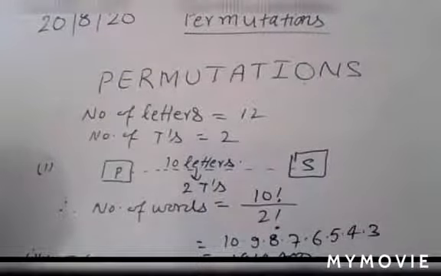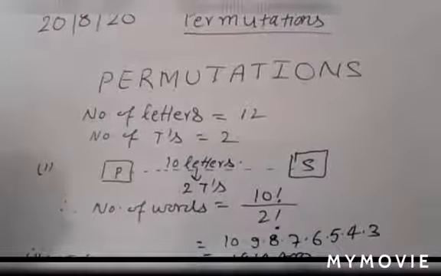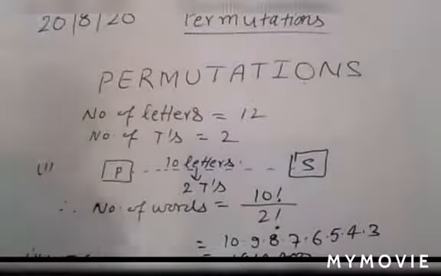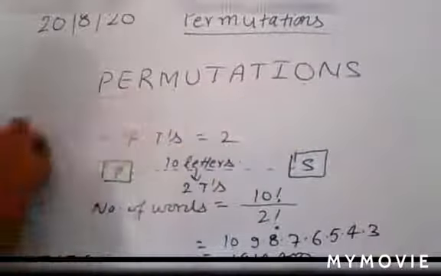So no doubt there are different positions of P and S. So first of all, you try to decide the position of P and S. And P and S can also arrange themselves in 2 ways. Either you write PS or you write SP. So in between P and S, 4 letters are there.